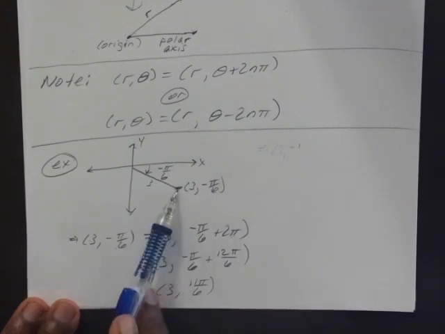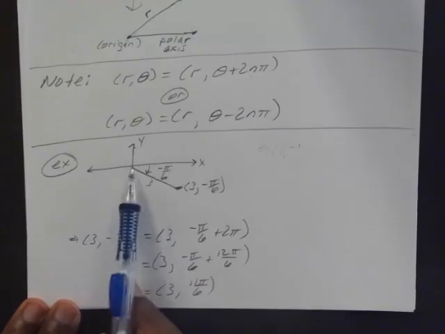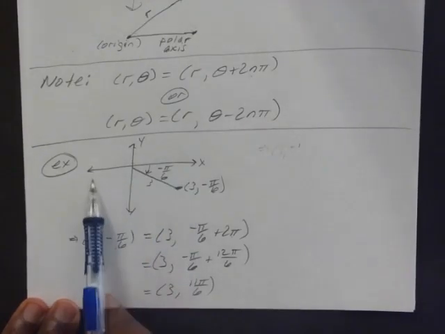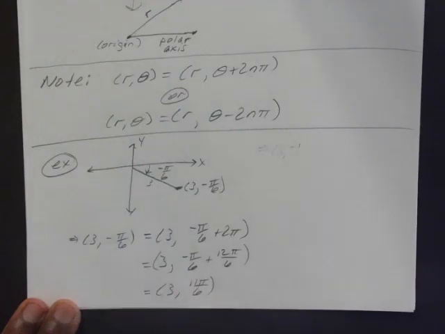And it will put us right back at the exact same spot. The only difference is we're going out a radius of 3 and going 11 pi over 6 in the other direction, the counterclockwise direction. And we can do that if we change it to 4 pi, 6 pi, 8 pi, 12 pi, literally any even number times pi.